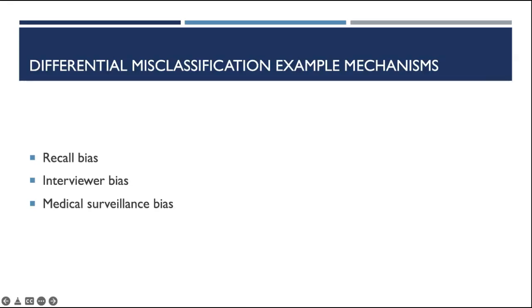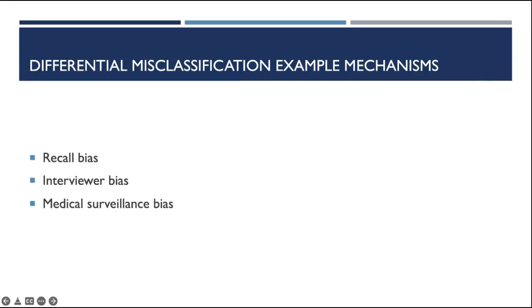Another example we talked about was interviewer bias, where the interviewer who is collecting information on that exposure is potentially misclassifying people, but that misclassification of that exposure is going to differ across those with the disease and those without the disease. It is differential. There's also medical surveillance bias, where you have differences in things like the frequency or the quality of care that's received.